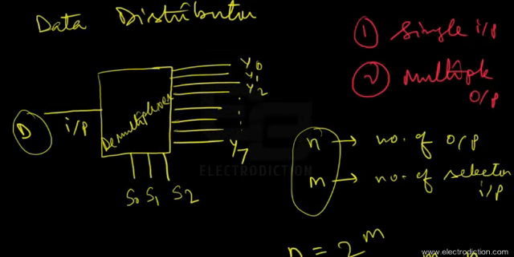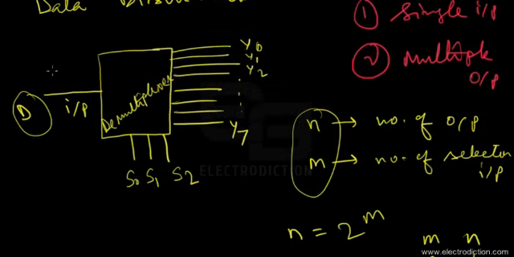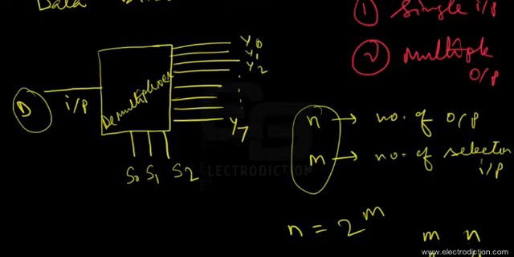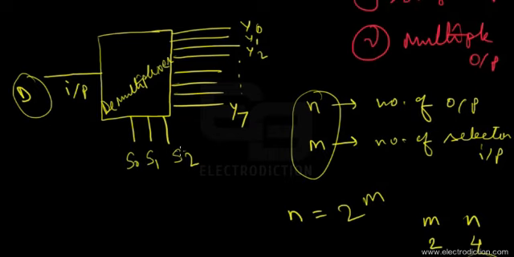So now that our demultiplexer circuit is fully drawn, I'd come back to the functioning of what the selector lines do. The selector lines help us select any particular output line to which we want to transfer the input data.